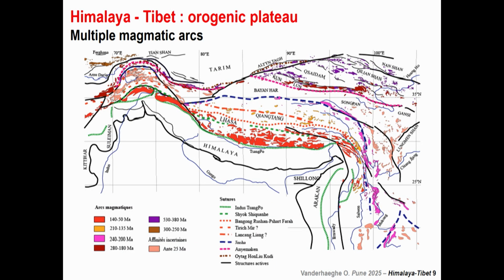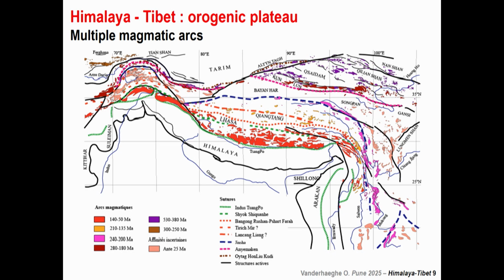I also want to illustrate here that there is a long history. After saying that there's a long history of tectonic accretion along that convergent plate boundary, there's also a long history of magmatism and arc magmatism, arc magmatism being related to subduction. So it goes all the way to 530 million years.